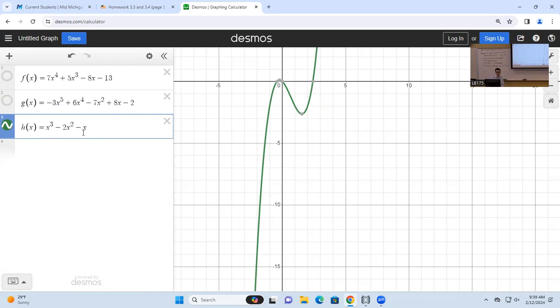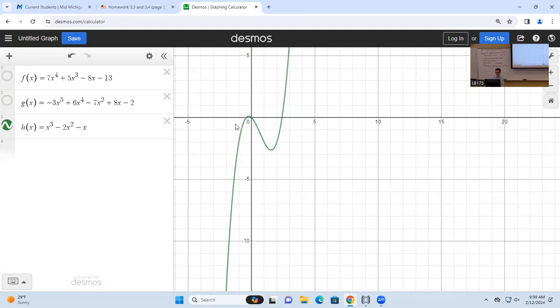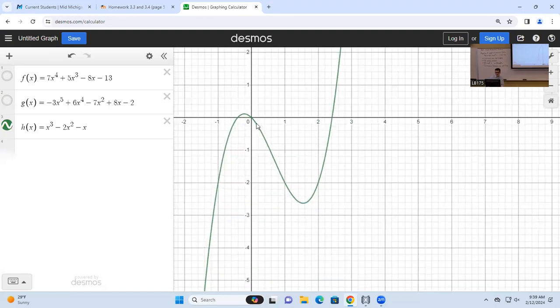X to the third minus 2x squared minus x. You'll notice that if you zoom into the most interesting part, you get 3 x-intercepts. And then 2 turning points, right?